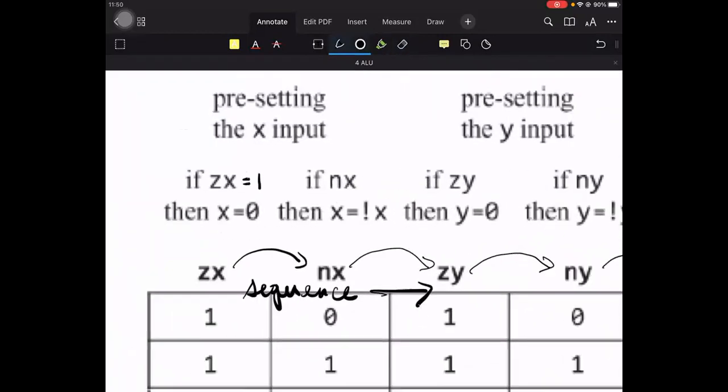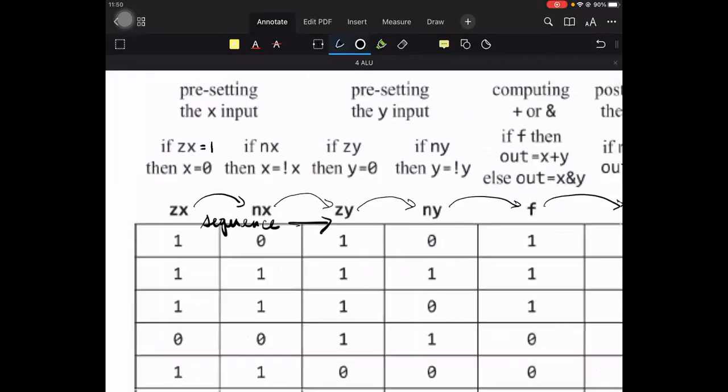What if ZX is 0? Ignore it, meaning the values stay as is.